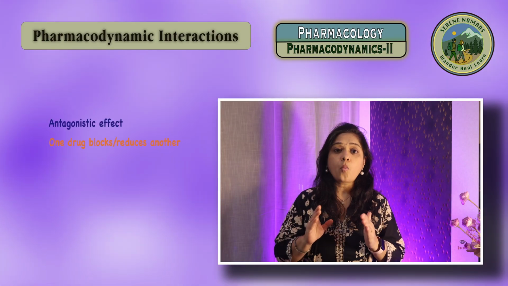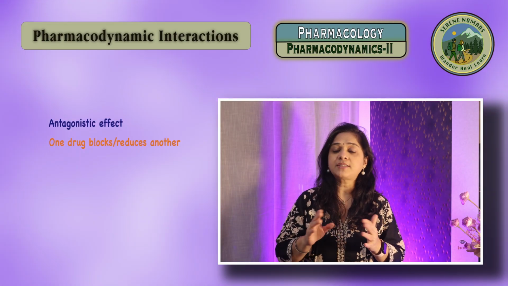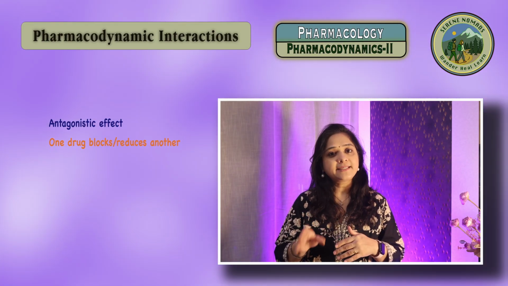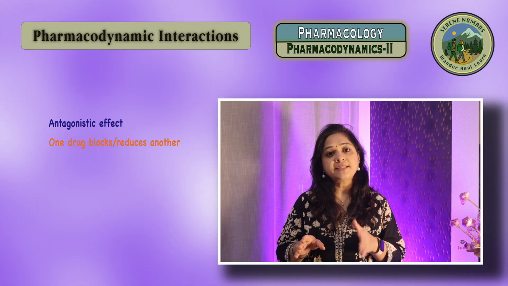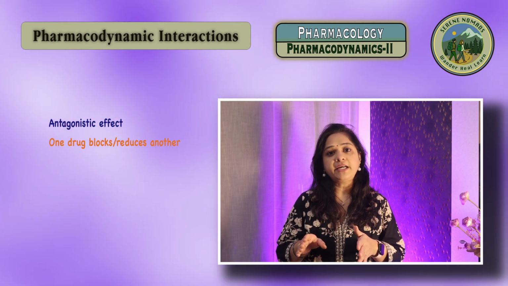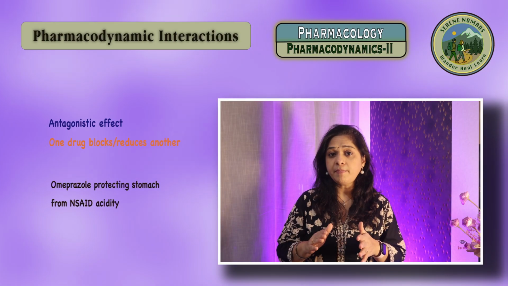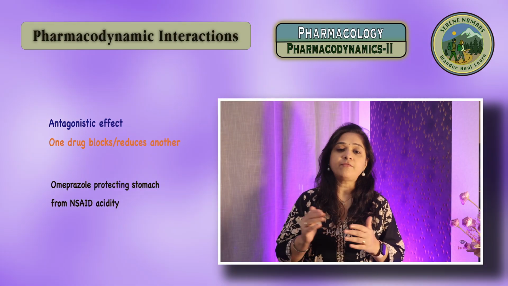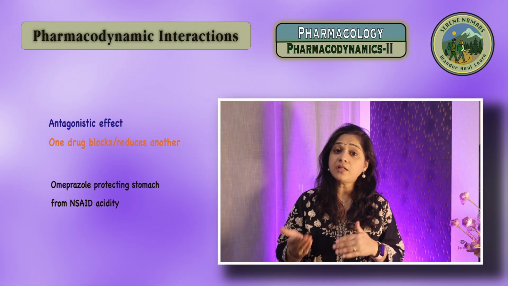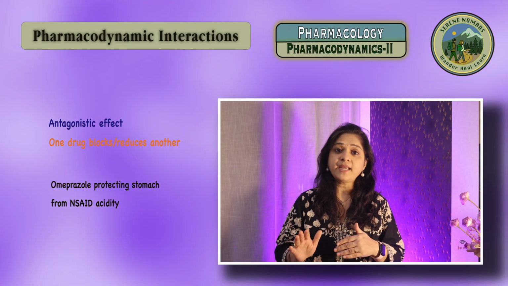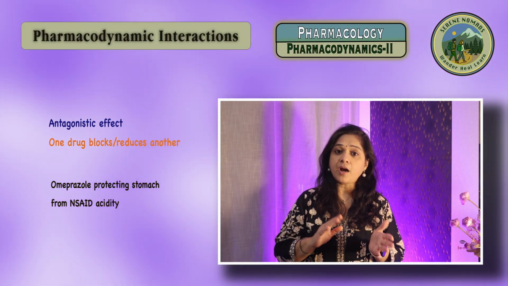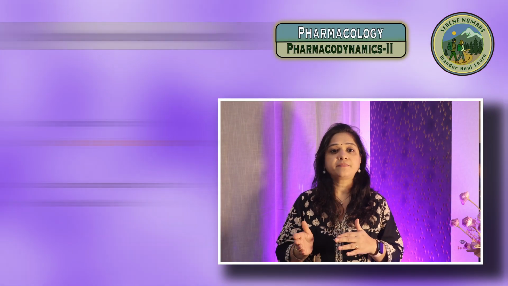Antagonism means one drug reduces or blocks the effect of another. This can happen by competing for the same receptor or interfering with the downstream signaling. For example, omeprazole protects the stomach lining from NSAID-induced ulcers, not by blocking NSAIDs, but by countering acid secretion.